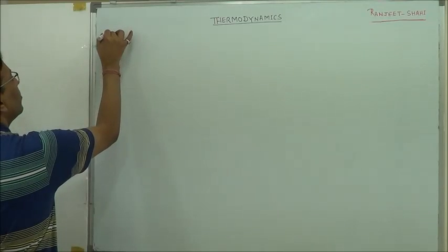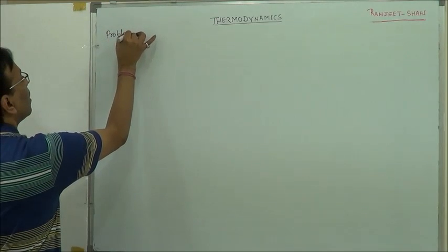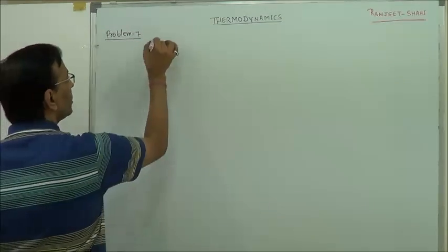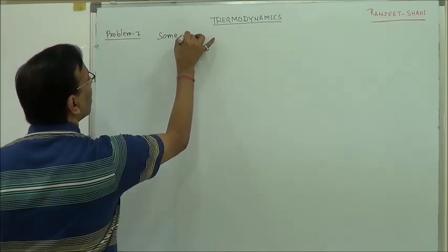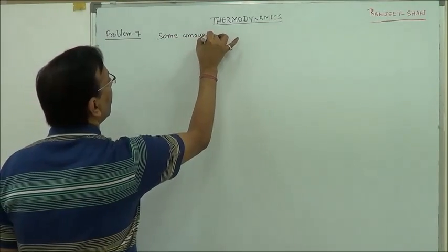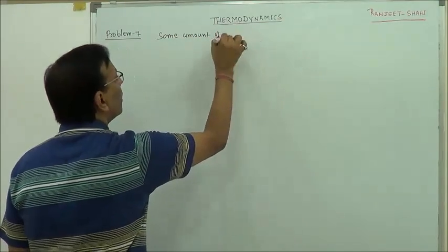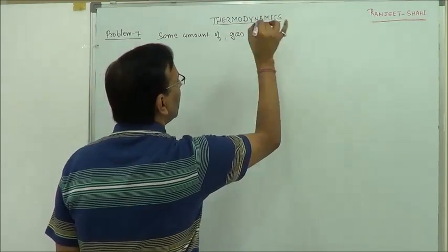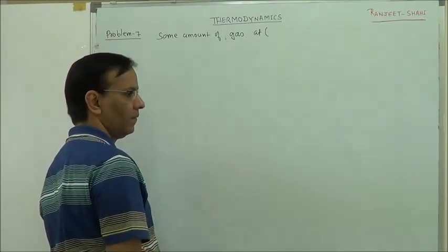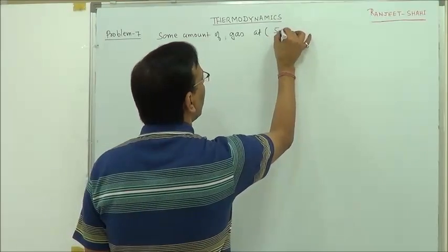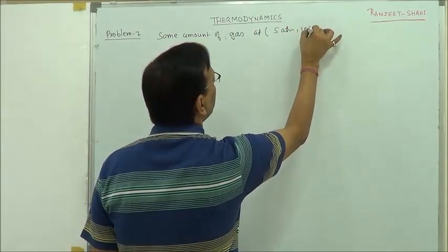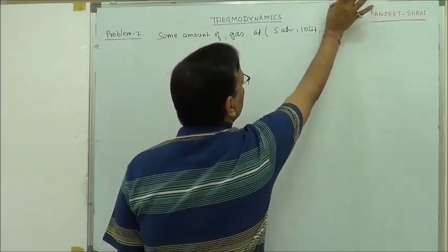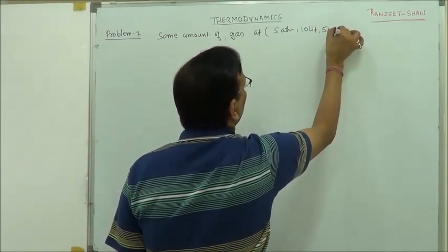That will be our problem number 7 of today. Some amount of gas, initial conditions are given: 5 atmosphere, 10 liter, initial temperature is 500 Kelvin.